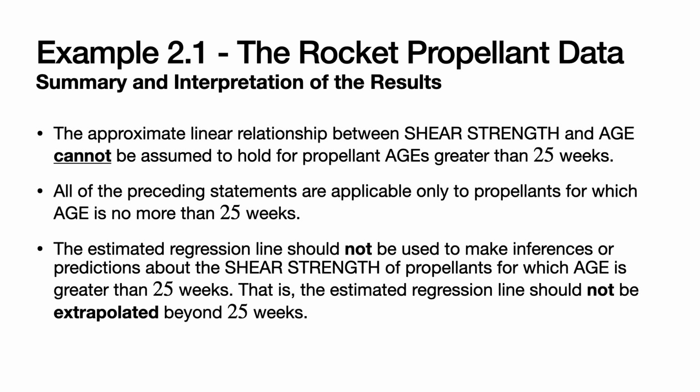And so the estimated regression line should not, and I repeat not, be used to make inferences or predictions about the shear strength of propellants for which age is greater than 25 weeks. In other words, the estimated regression line should not be extrapolated beyond 25 weeks.